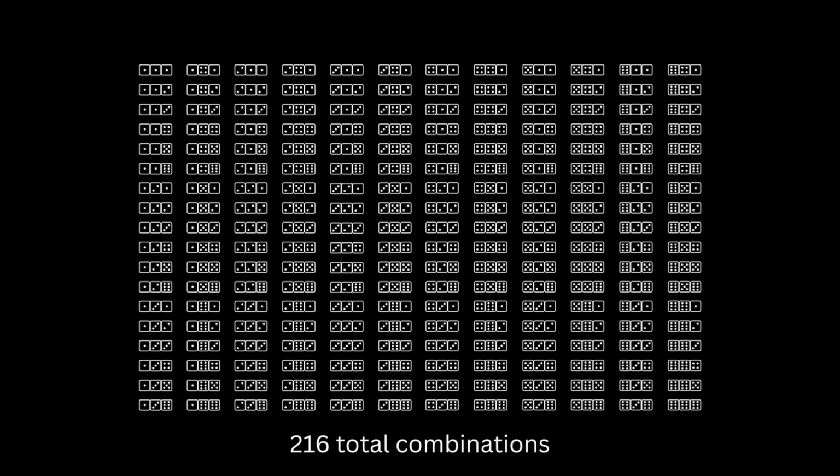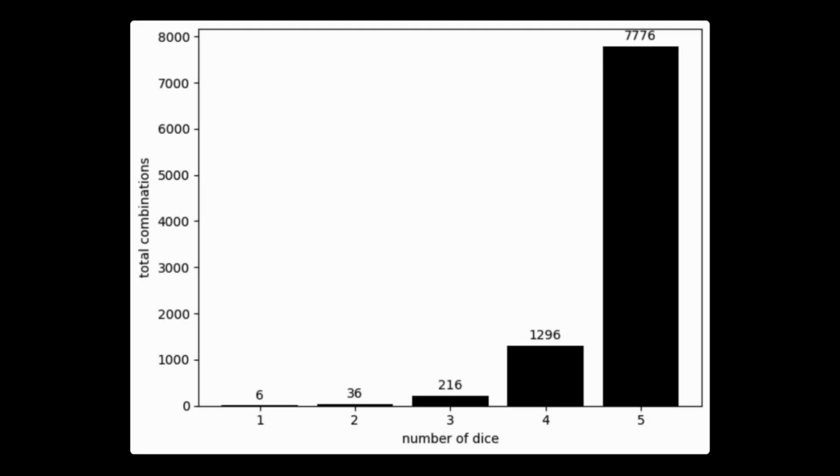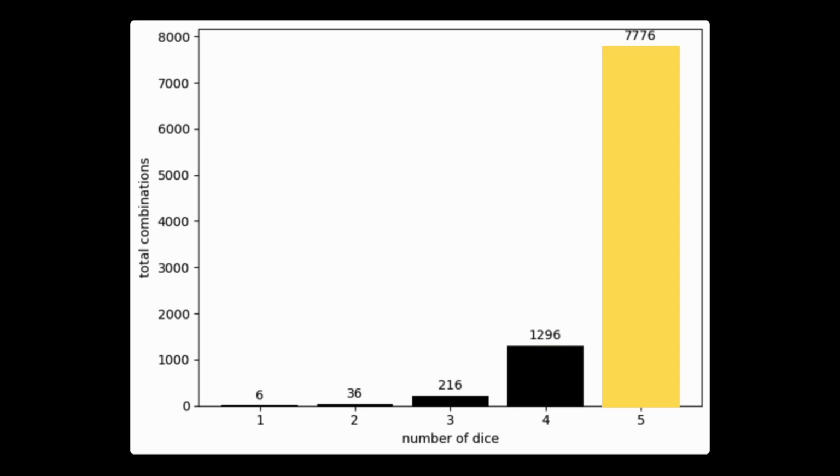So why don't we just do what we did last time? We find all the 6s, count them up, and in this case we have 91. So 91 over 216, but as we go up and up, this number gets really big.